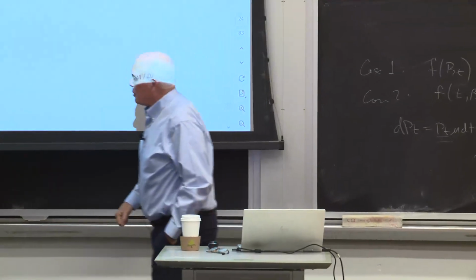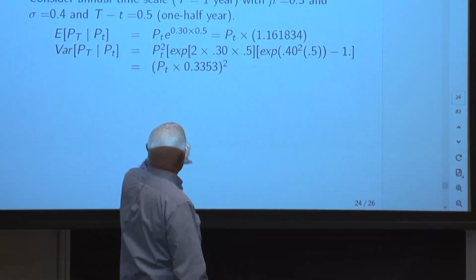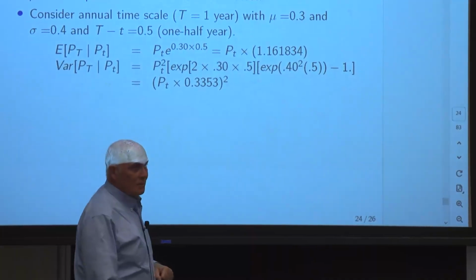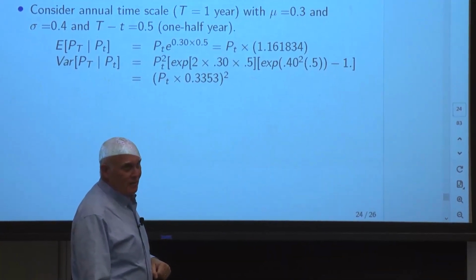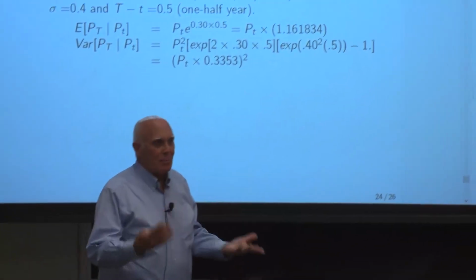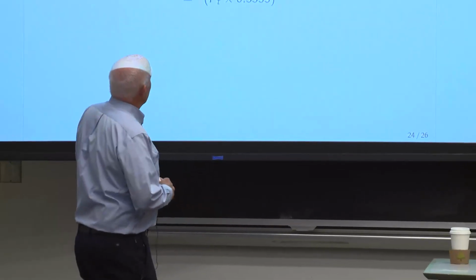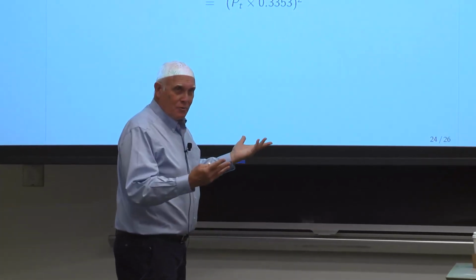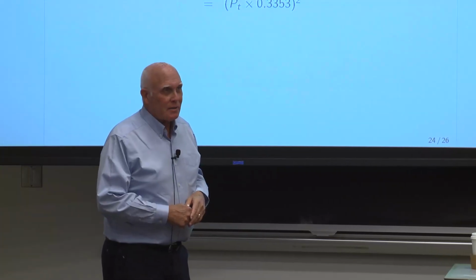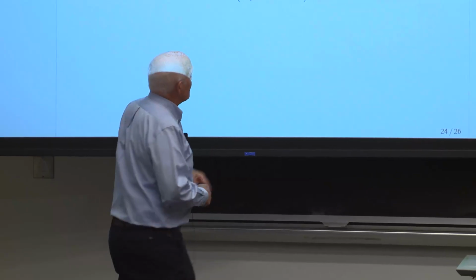And when we compute the expectation of the price, it equals the initial price P_t times 1.1618. Now, that 1.1618 says that we expect the price to increase by about 16%. And if we think of a half year and a drift rate of 0.3, we might have thought it would be 15% if we didn't follow through the details. So it's a bit higher return.